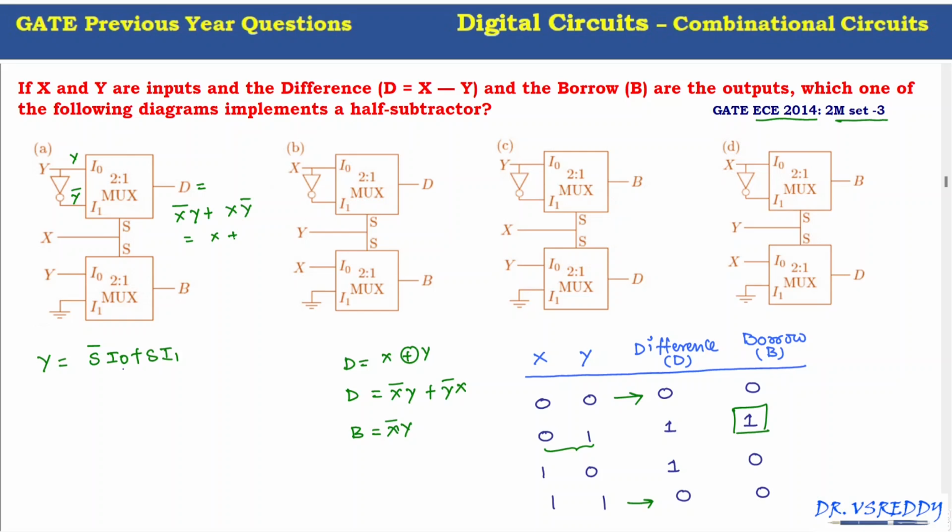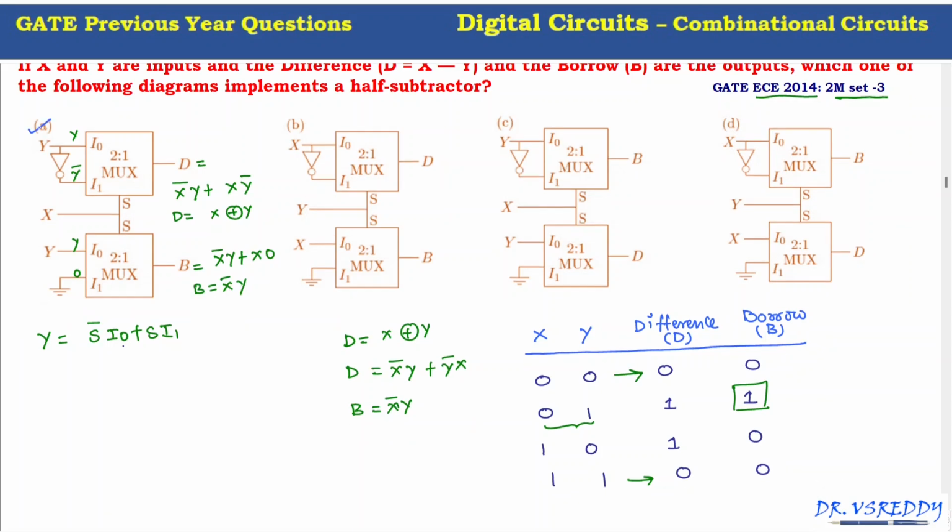Similarly for the borrow B, the same X is the selection line for this mux also. So X bar into Y plus X into 0. So B is equal to X bar Y. So option A is correct. No need to check options B, C, D.